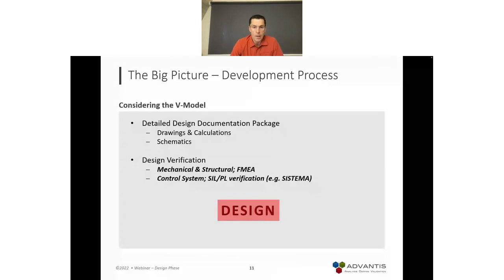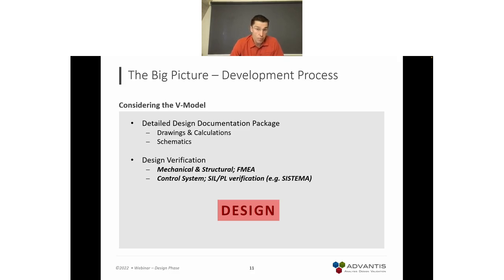So FMEA is one verification method. When it comes to control system design, it's the SIL or performance level verification. The term Systema, that software, is probably well familiar to many of you on this call. So that's what we call design verification when it comes to controls.